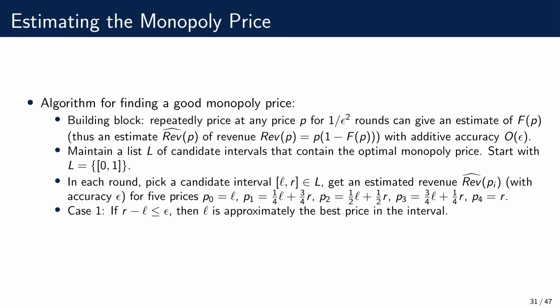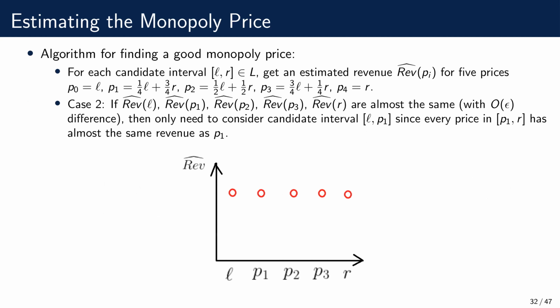I can quickly skim those cases. One stopping case is what happens when the length of the interval is small. Pricing at L is going to be approximately the best in the interval because almost all the points have the same revenue.